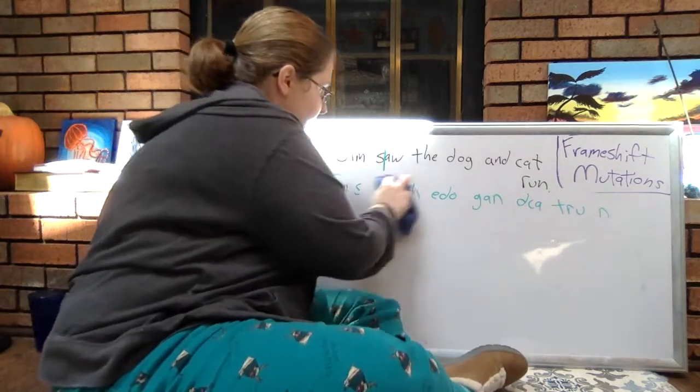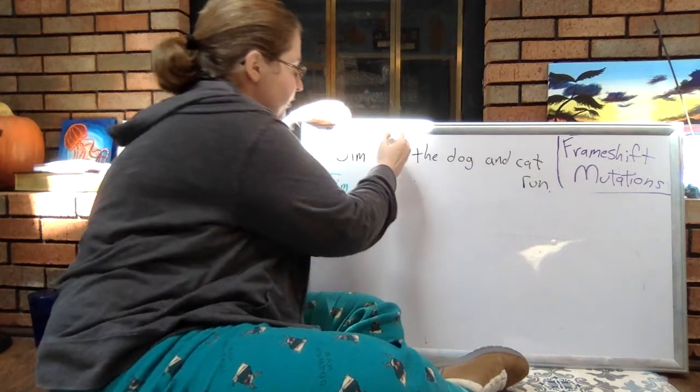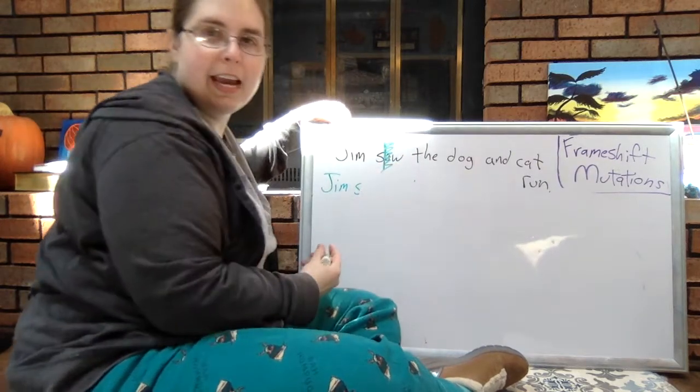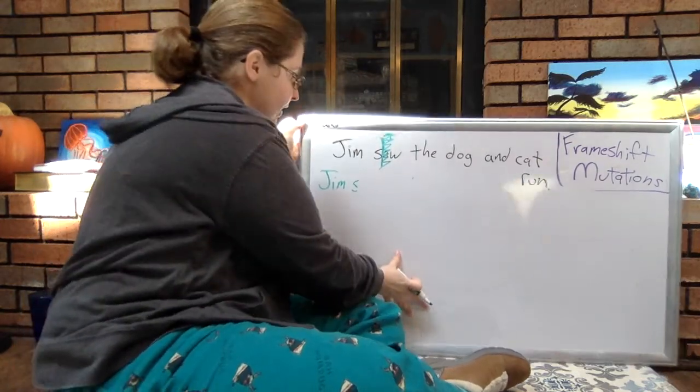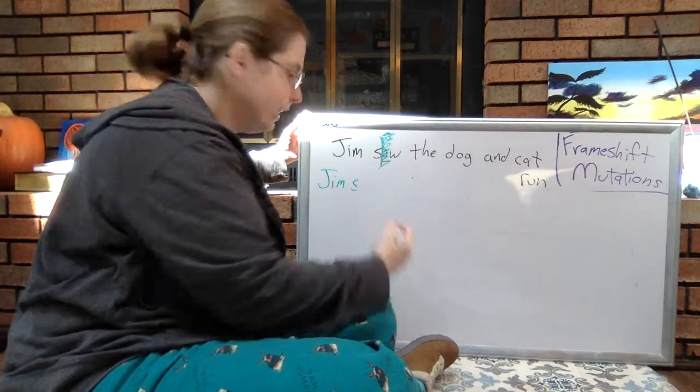The same can be said if maybe instead of adding a J, maybe we got rid of the A. So now that means everything is going to be shifted forward because you can't have a blank space in your DNA.